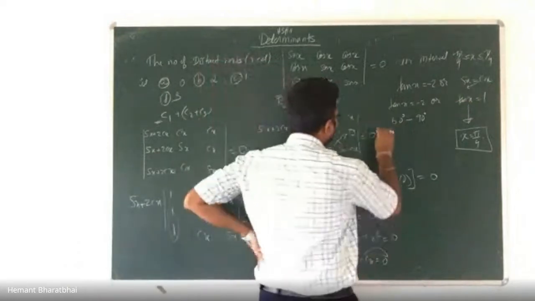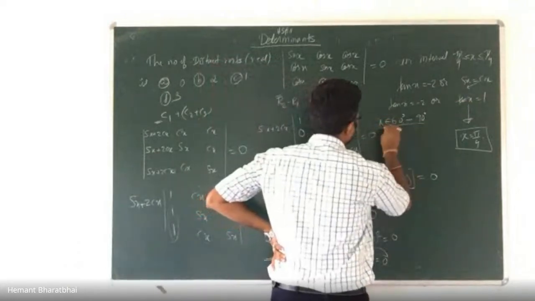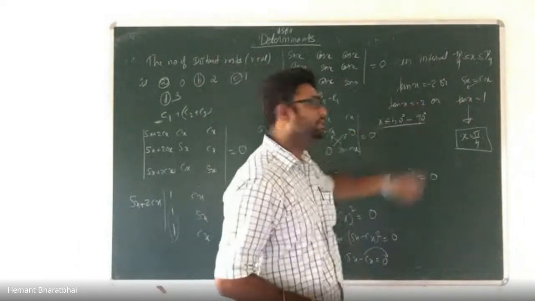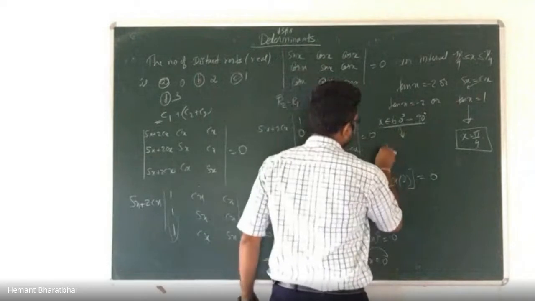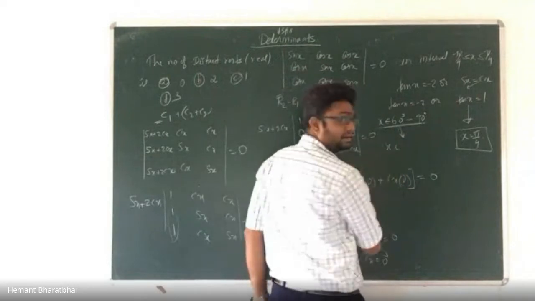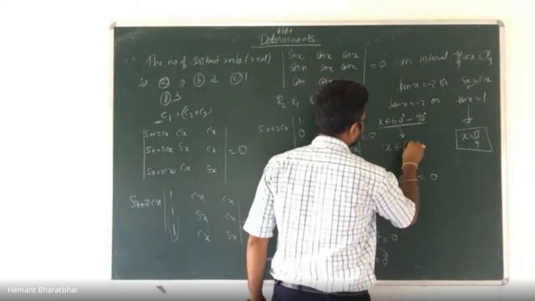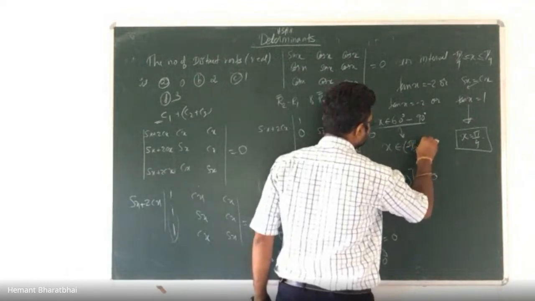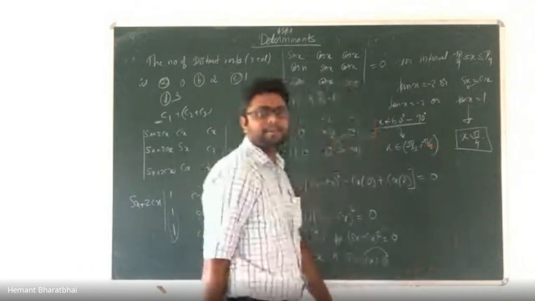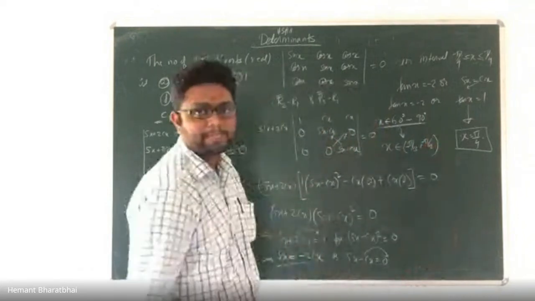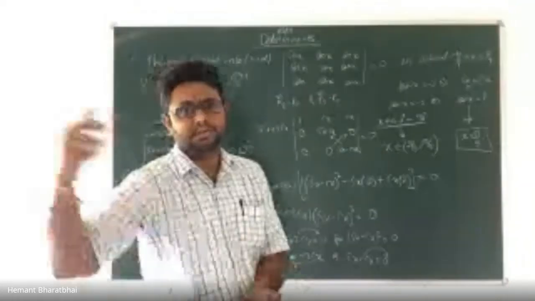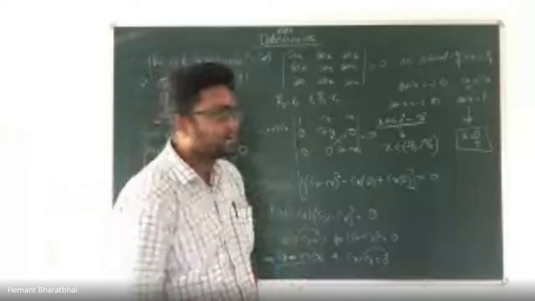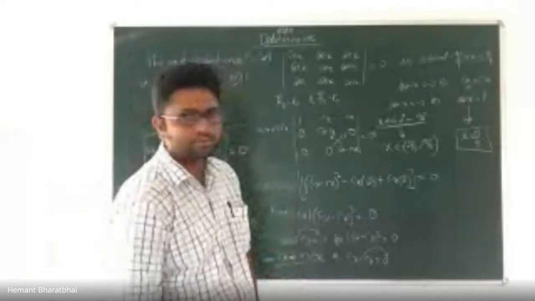Therefore this x lies between 60 degree to 90 degree, and that also it is minus. So my x is going to lie between minus pi by 3 to minus pi by 2, because the answer 2 will come somewhere between root 3 and infinity.